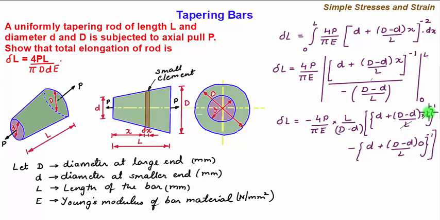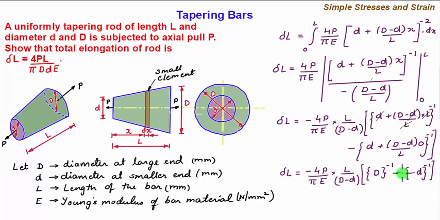This L and this L get cancelled. So in the first term also this d and this d get subtracted, so in the first term we have capital D to the power minus 1, and if you see the second term, this whole term gets cancelled and we have only small d over here to the power minus 1.